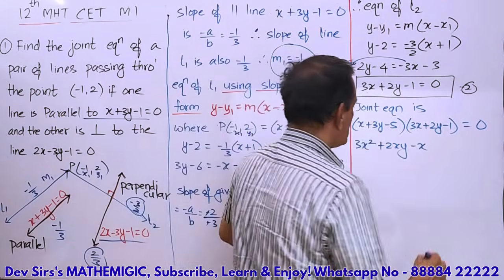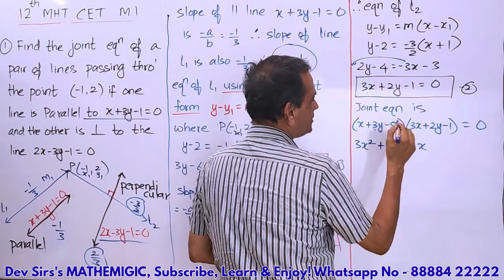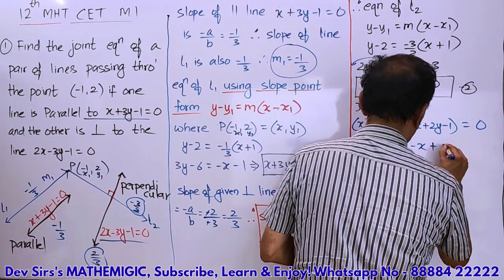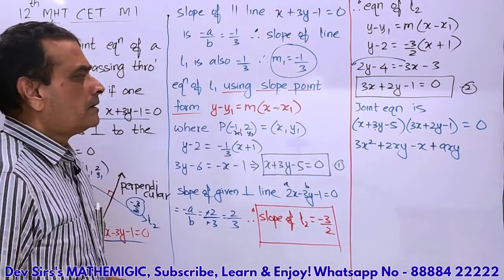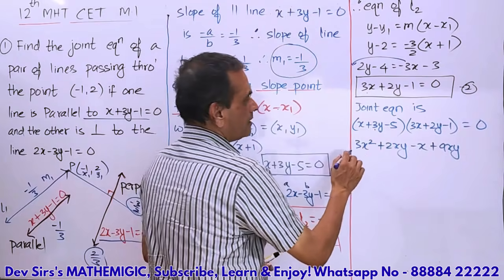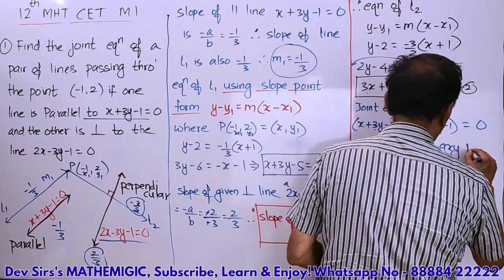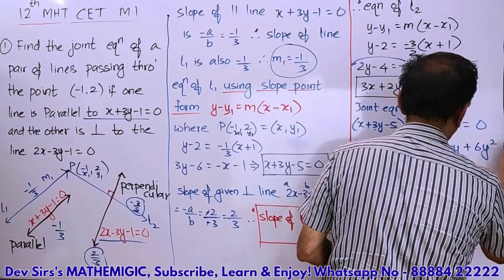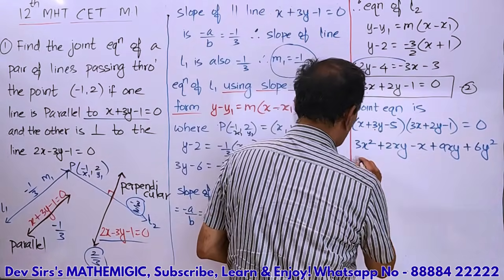Now I am multiplying by 3y. 3y into 3x, 9xy. Clear? 3y into 2y, 6y squared. 3y into minus 1, minus 3y.